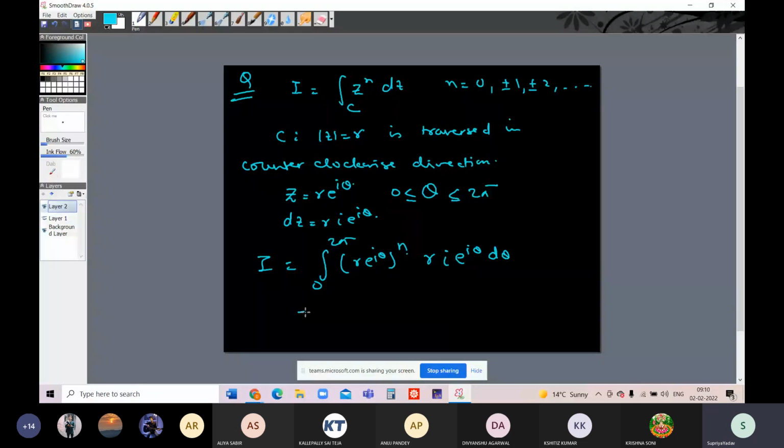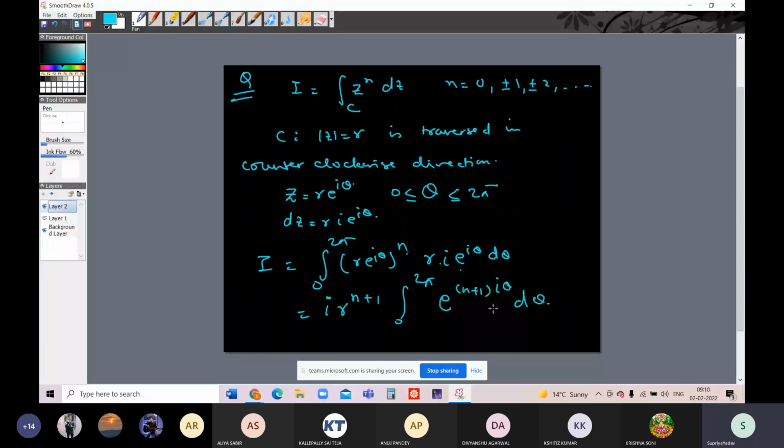Its value will be r^n into r times i, integral from 0 to 2 pi of e^(i n theta) into e^(i theta). This will give us e^(i(n+1) theta) d theta.